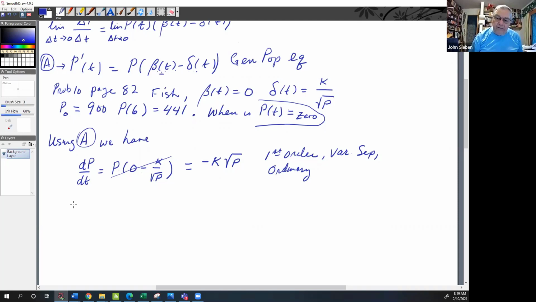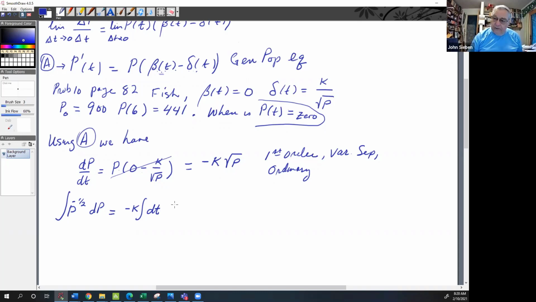If I go ahead and algebraically separate the variables, I've got something that looks like P to the negative 1/2 dP is equal to negative K integral dt. Forgot the integral there.